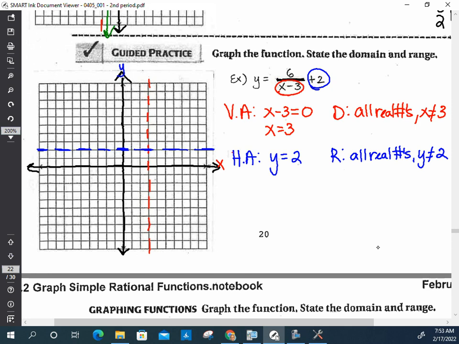Now we're ready to go with our table. Remember at 3, you should have the error message. That means you need 3 numbers above it, 3 numbers below it.